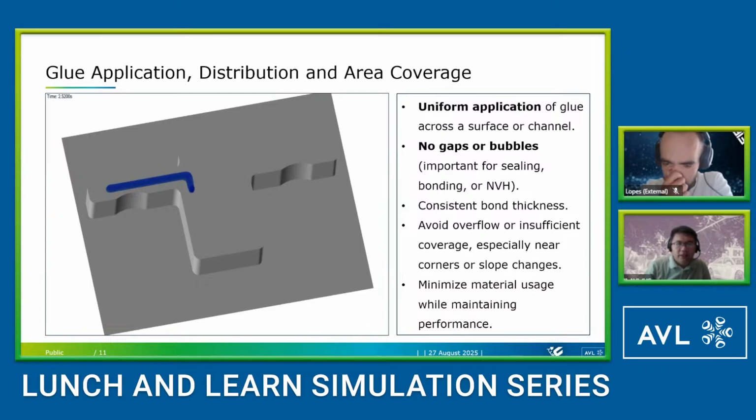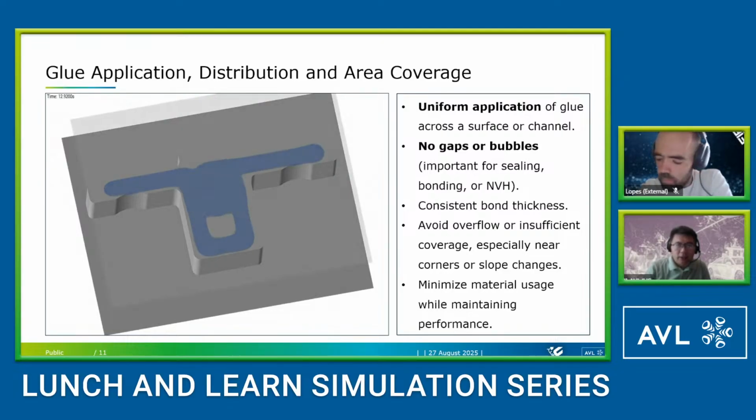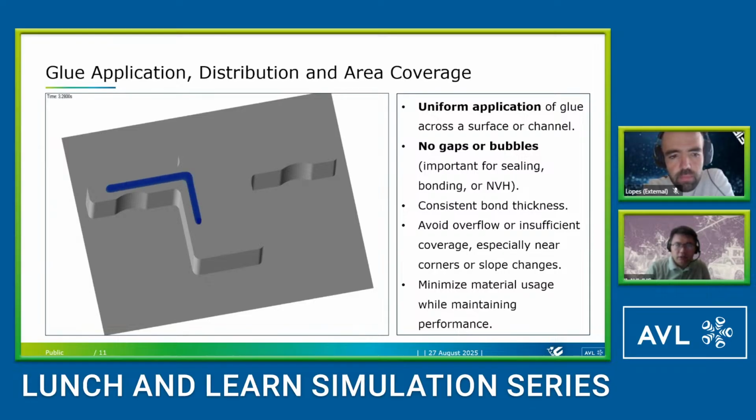So here is another adhesive application. This is in the manufacturing process. Sometimes it's quite challenging because you want a uniform layer of this glue on the surface. You don't want any bubbles, and you don't want any gaps, and you want a consistent thickness.